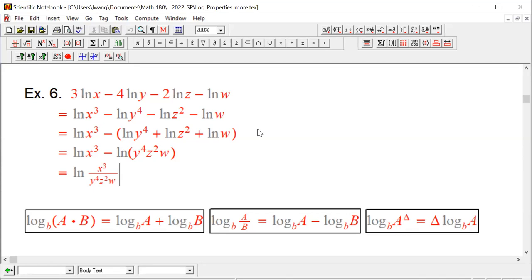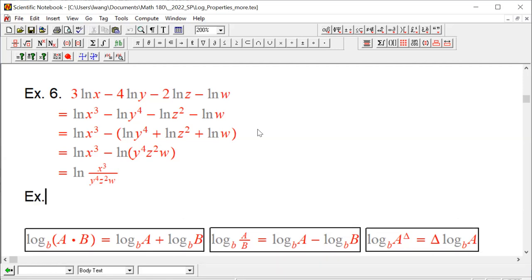And that's how you can do it. Of course, this may be done differently, but you should get the same result. Okay, so that's about it for making a single logarithm. I think that's about enough examples. Maybe one more.